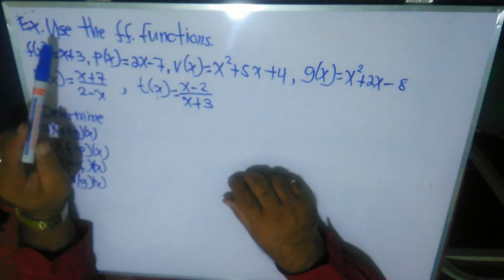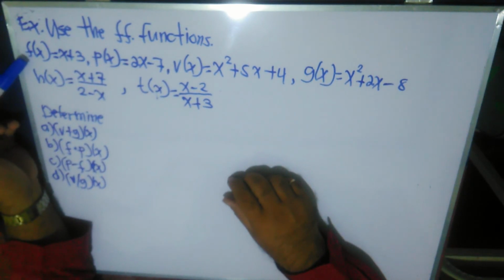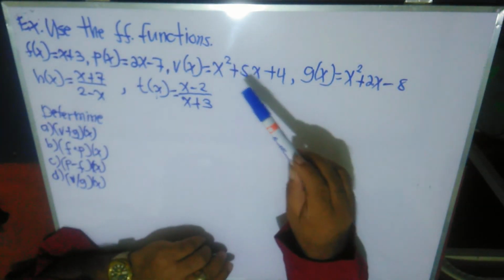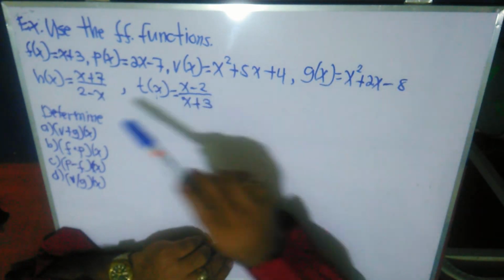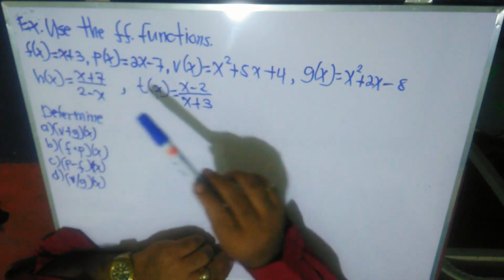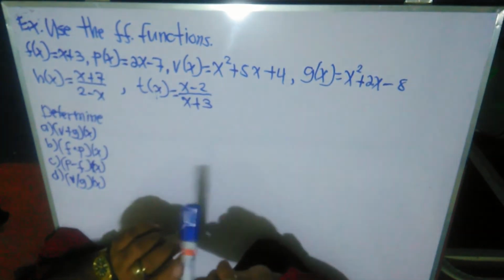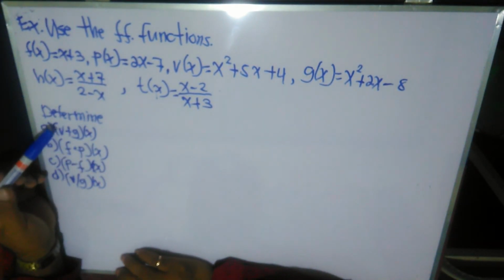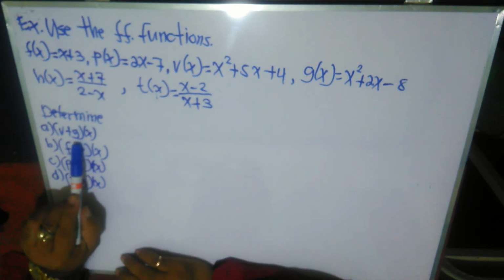Let's have an example. Use the following functions. We have function f, function p, function v, function g, function h, and function t. Determine letter A, the sum of v and g.